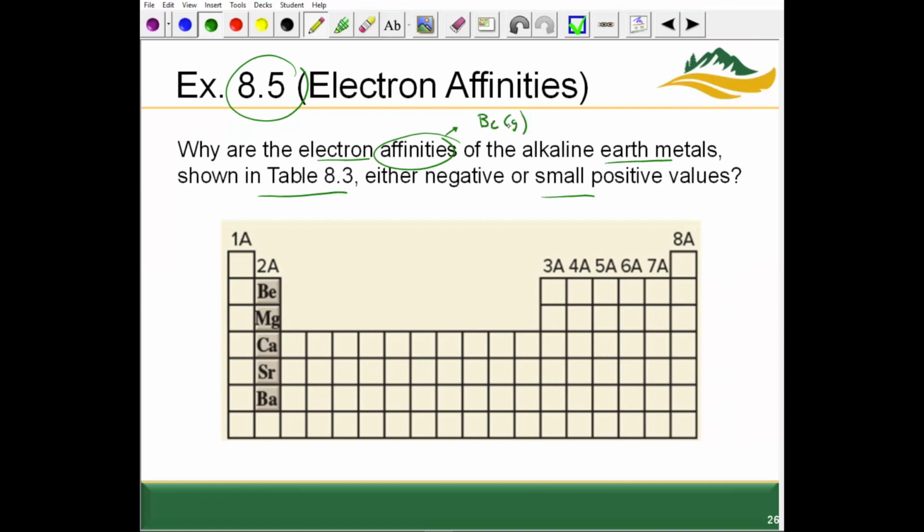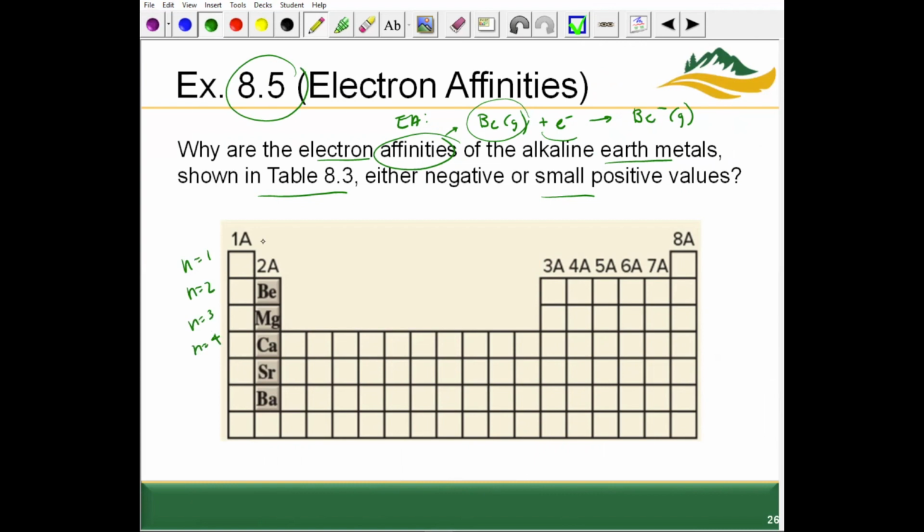For the electron attachment reaction, we're taking neutral beryllium and adding on an electron to form the anion form of beryllium. To see if an electron will be stable when we add it to the neutral form of beryllium, let's look at the electron configurations.